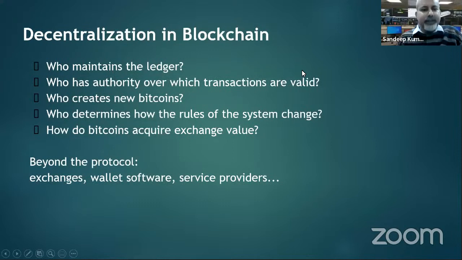So in blockchain, the decentralization has multiple aspects. So first of all, the ledger or the chain is maintained by all the entities that are willing to maintain it, mostly the full nodes. Who has the authority over which transactions are valid? This is also decided by anybody who is reading the transactions, because all transactions are broadcast.